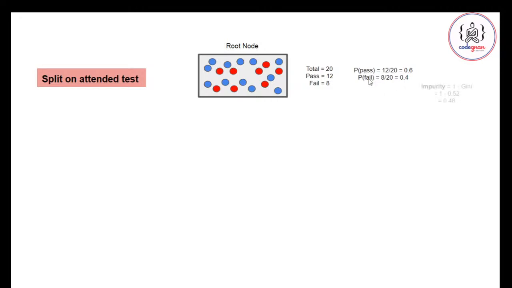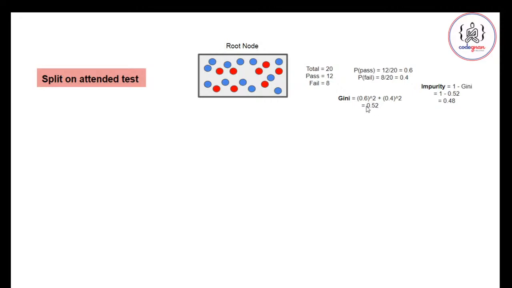Now we can calculate this Gini, which is p square plus q square. So here it is your p square, which comes out to be 0.6 square plus 0.4 square. This is your Gini, and if you do the mathematics here, it is going to be around 0.52.